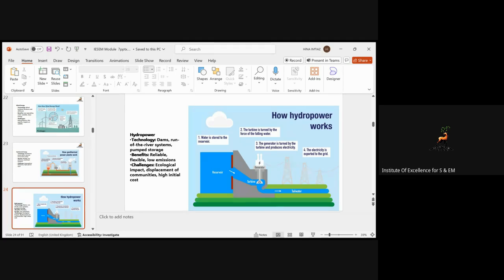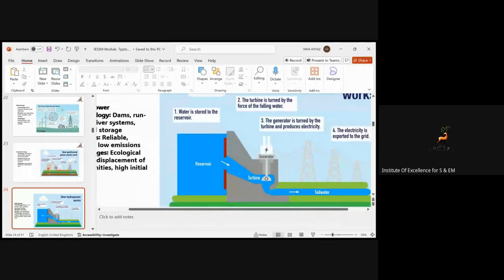So the turbine is at a low level, and the water is coming from the high level. They usually pump the water to the storage. You can see in the picture that the water flows to the turbine, because the turbine will turn and generate electricity.